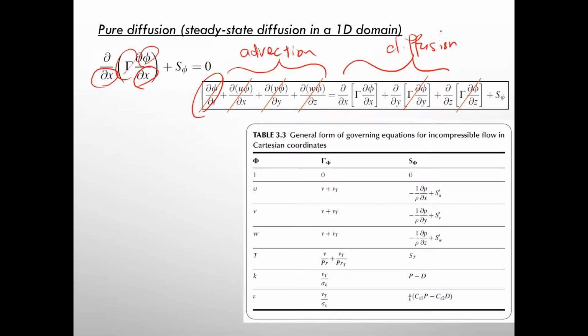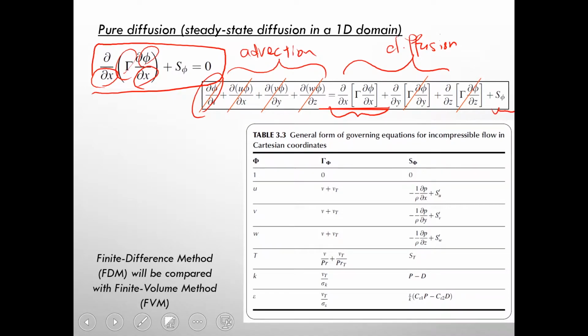So this is only pure diffusion, so we only have the right terms. And since it's only one dimensional in the x direction, you can eliminate the other two dimensions. So we only have these terms and also the source terms. And that's how we get this equation, pure diffusion in one dimensional steady flow.